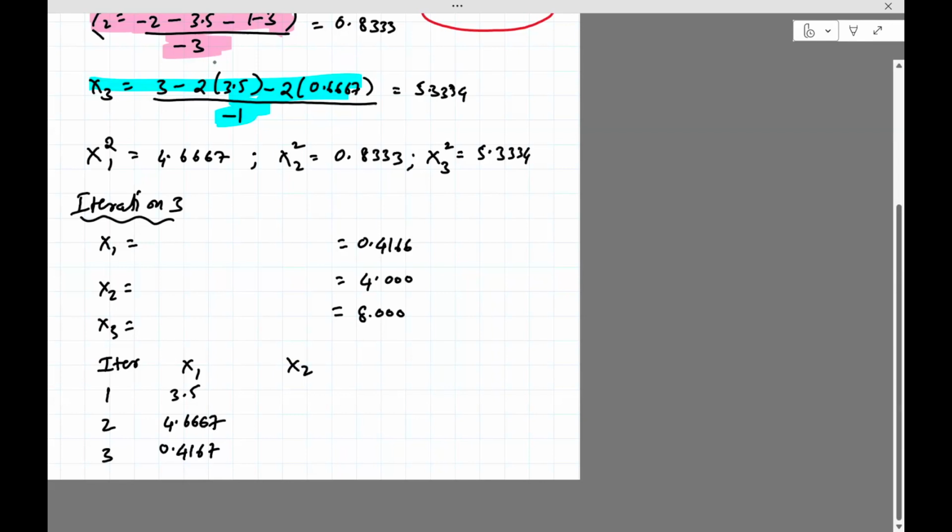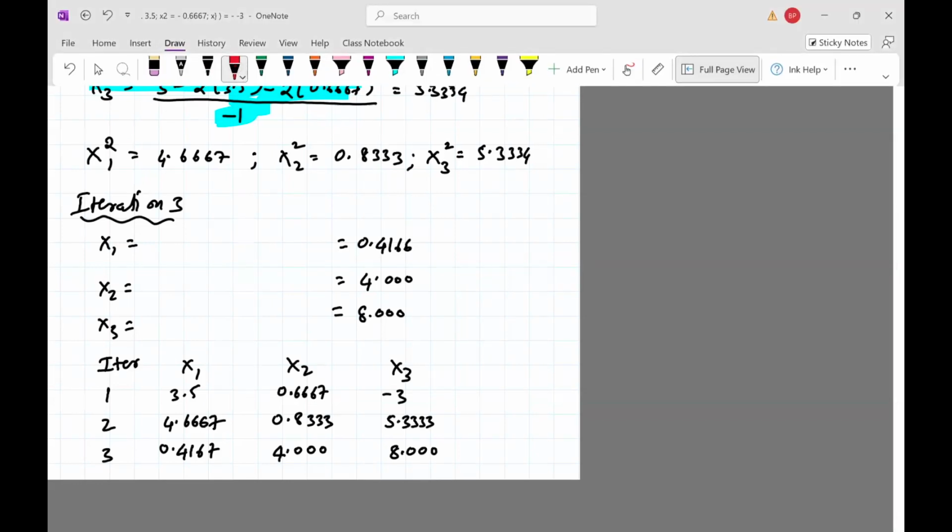For x2, those values were 0.6667, 0.8333, this 4.000. X3 was minus 3, 5.3333, 8.000. Okay, let me box this.